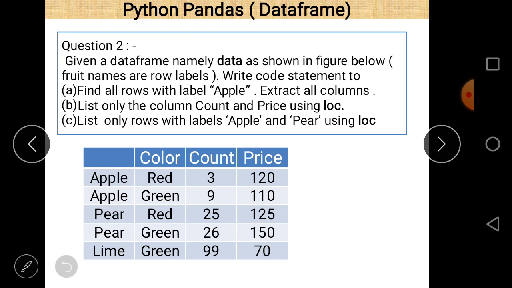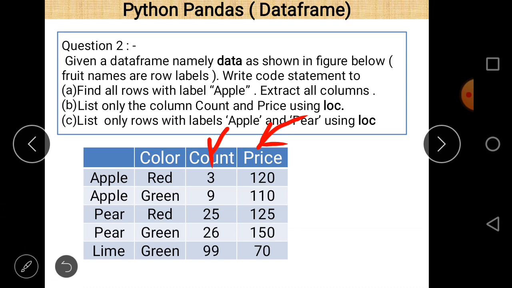And then for part 2: list only the columns count and price using loc. So there are only two columns, count and price, and these two columns should be selected.